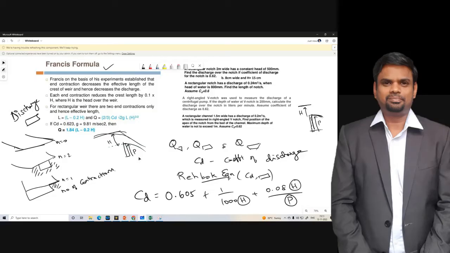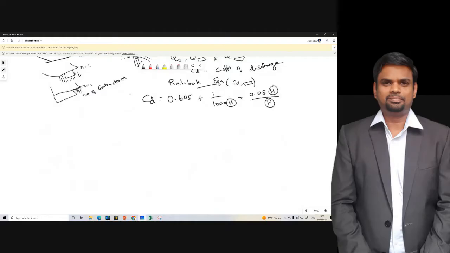So based on this we have an expression, Q equal to 2 by 3 CD into (B minus 0.1 N H) into H power 3 by 2 into square root of 2g, where n is the number of contractions.